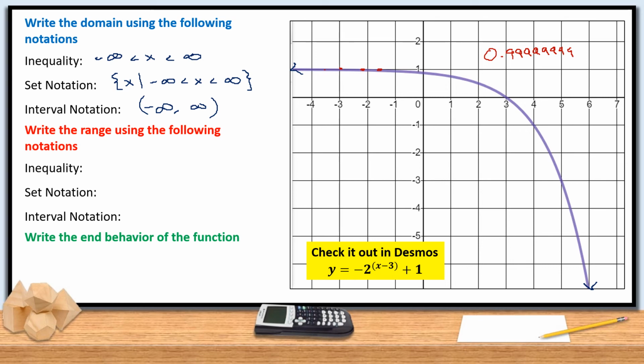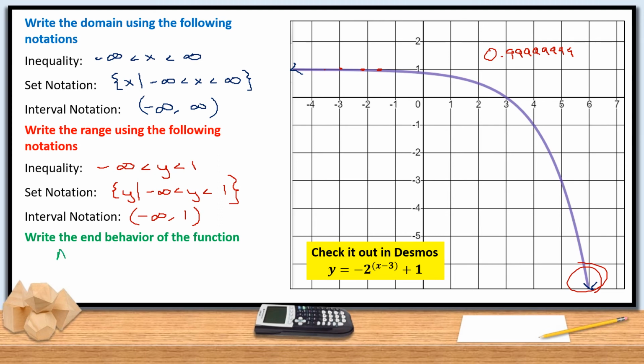So inequality for the range, the lowest value, so remember lowest goes first, so it's still going towards negative infinity, less than y, and it's approaching 1, but it never actually reaches it, so neither of those values are included. So negative infinity less than y less than 1. And then we got negative infinity and 1, both with round parentheses.